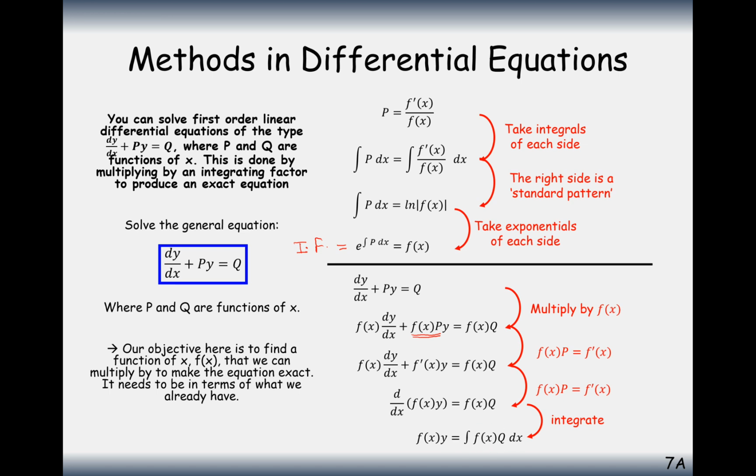So inside these questions there's two integrals you need to work out. You first need to work out your integrating factor integral, and then you need to work out your integral for f of xq on the right hand side.